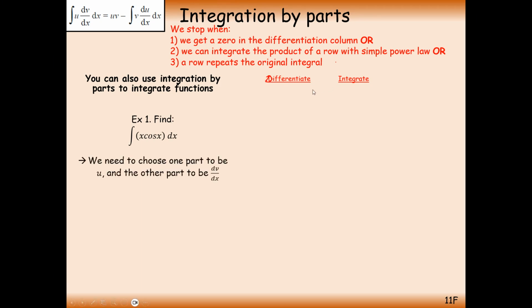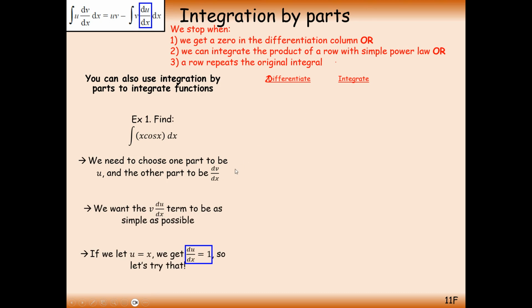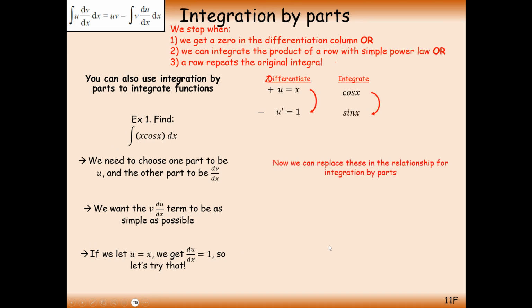So if we call our x the factor that will differentiate, it will differentiate to 1, and then 1 will differentiate to 0, like so. At the same time, we have to integrate cos.